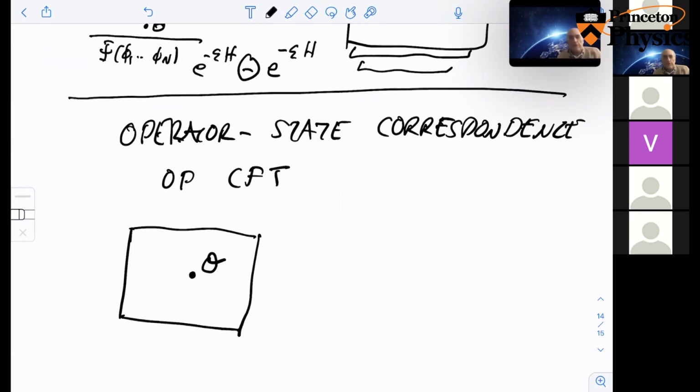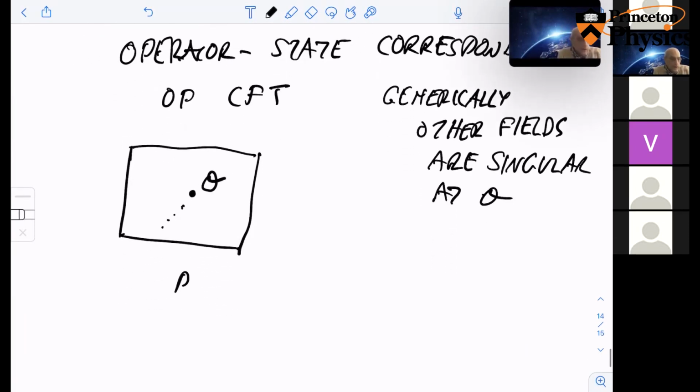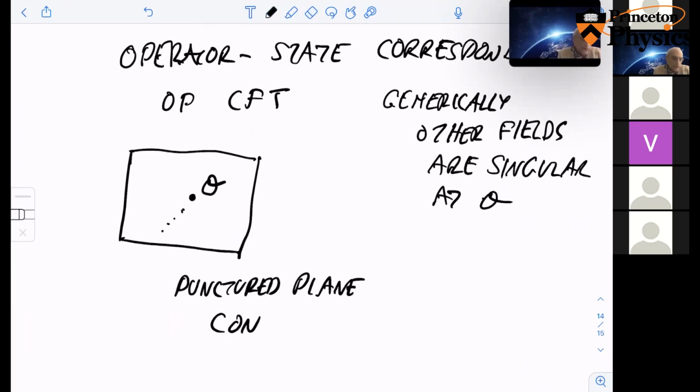If you were measuring some other operator, it would have a singularity near O. So generically, other fields are singular at O. Some other field would have a short distance singularity if you move it near O. And that suggests removing the point where the operator is inserted and using the fact that the punctured plane is conformal to a cylinder.